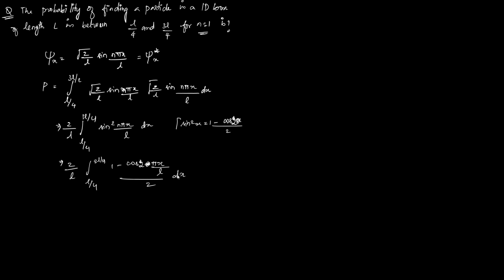Now if you take the 2 outside, this is 2 by 2L, so 2 and 2 will be cancelled. This is going to be the integral from L by 4 to 3L by 4 of dx minus the integral from L by 4 to 3L by 4 of cos 2πx by L dx.